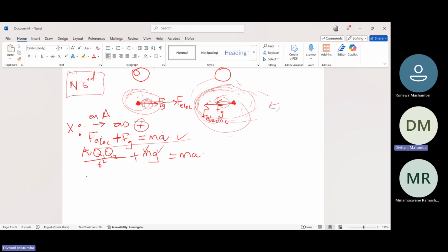Okay, so if we're replacing k, it is just that if it was me, I was going to use over r squared.